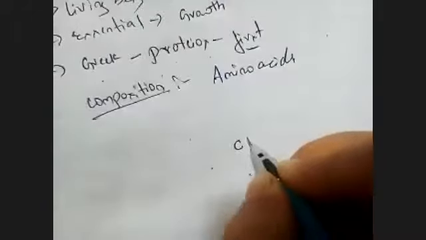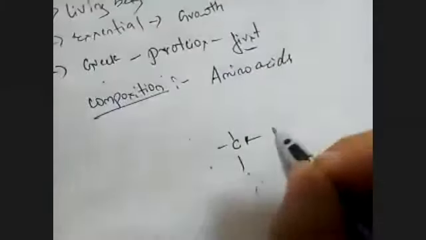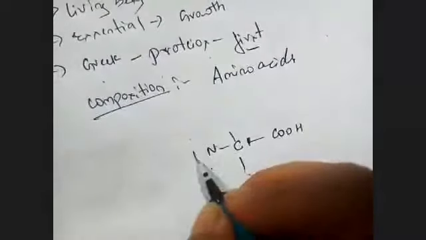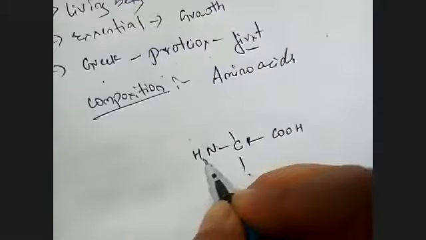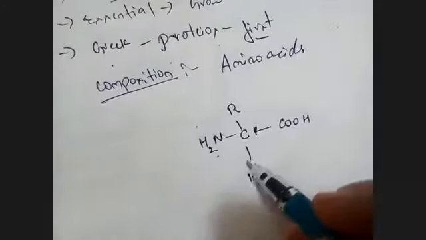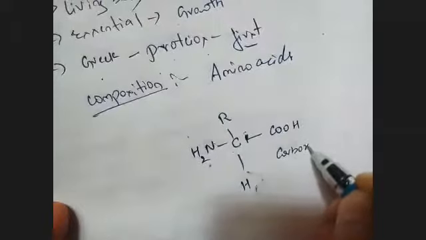We should write the central carbon, and carbon has four valencies. One side has the carboxylic group, and opposite to the carboxylic group you have the amino group. Your carbon is the main source here. It has four valencies. One is filled with the carboxylic group.